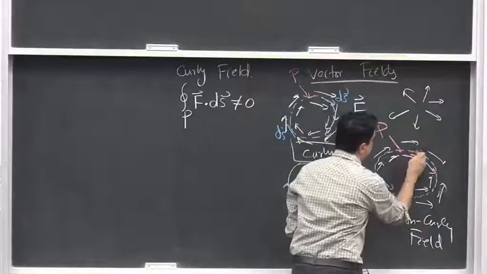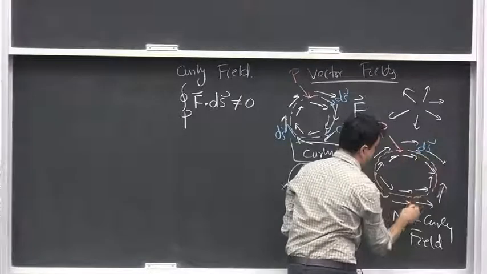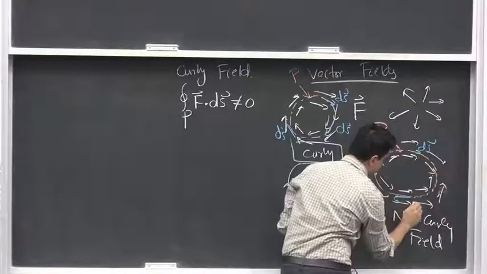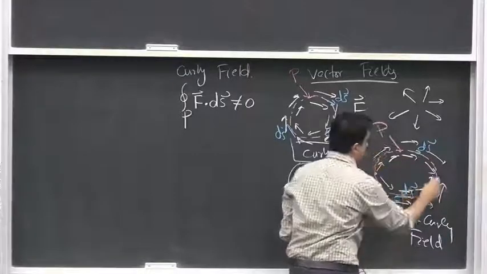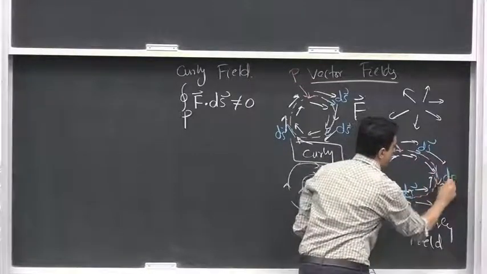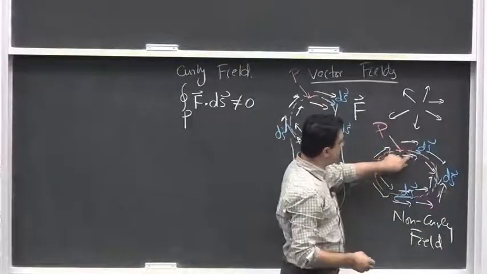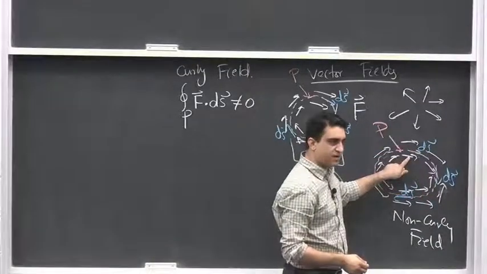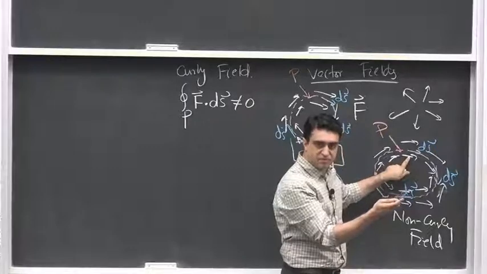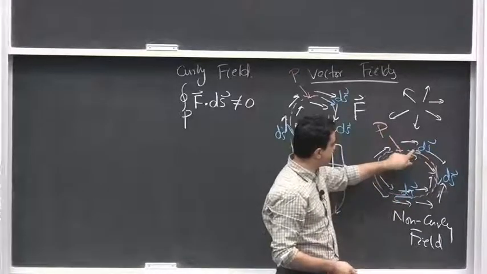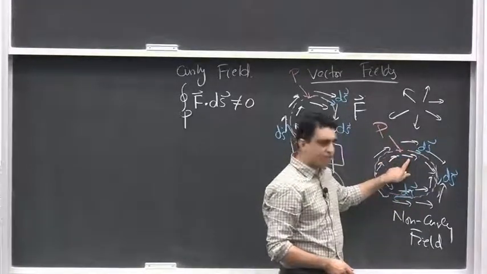So I have ds in this direction, and ds in this direction, and ds in this direction along the path. Here the field is parallel to it, so I get a certain positive number if I take a dot product of the field with the path element.